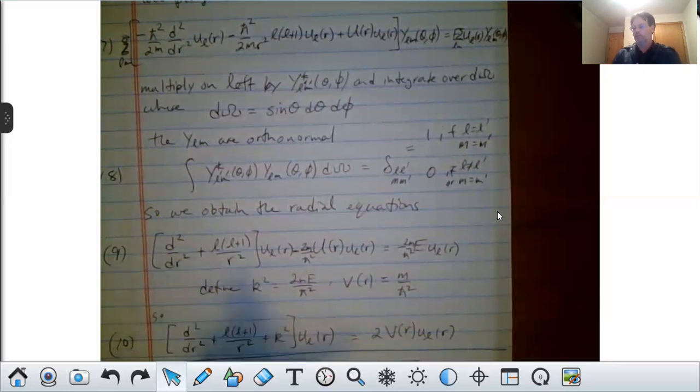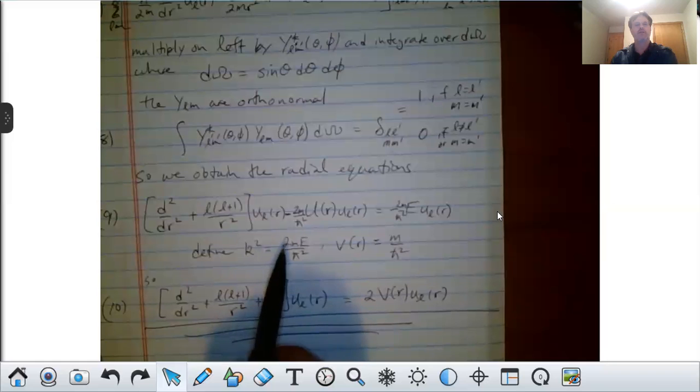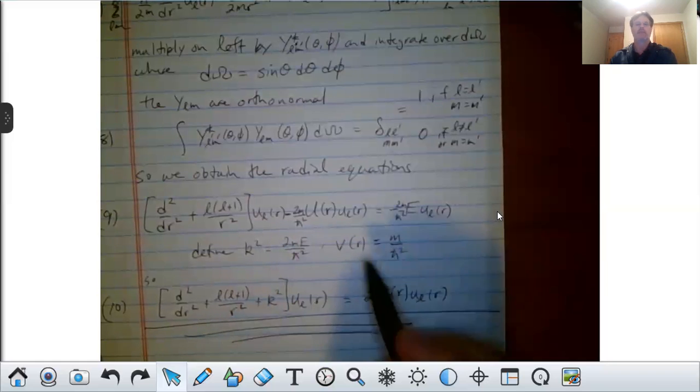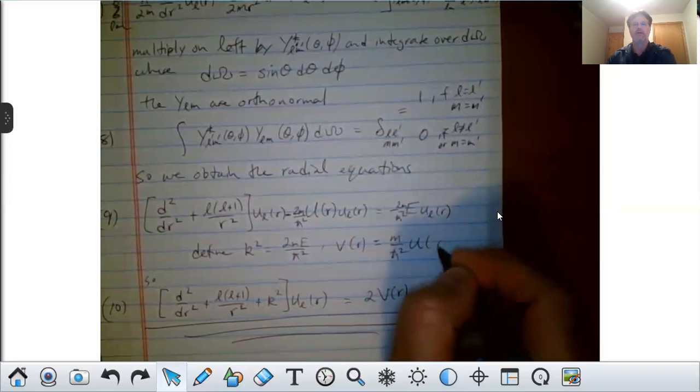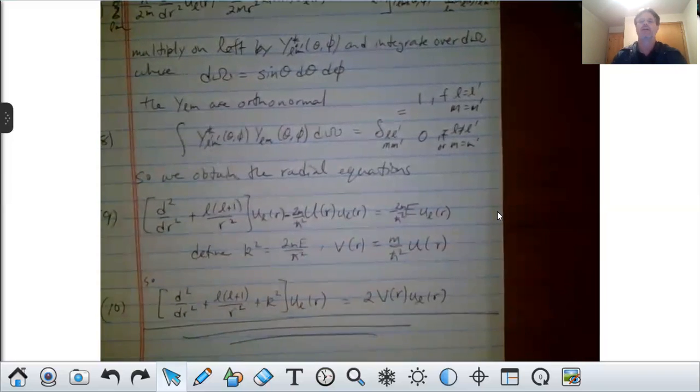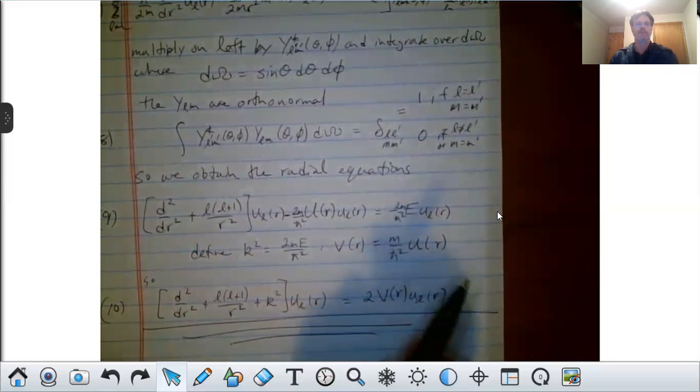And then I'm going to do a little more simplification. I'm going to define a constant k squared equal to 2mE over h bar squared. V of r is equal to m over h bar squared U of r, right? So it's just a redefinition of the potential function. And if I were to use my atomic units, where the mass of the electron is 1 and h bar is 1, they would just be equal.